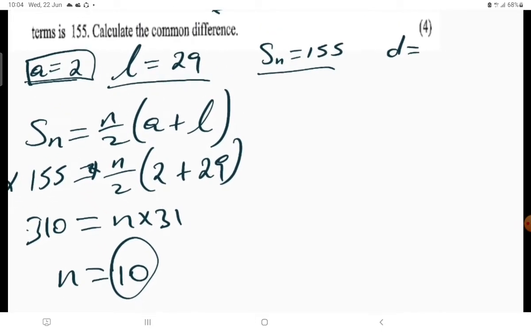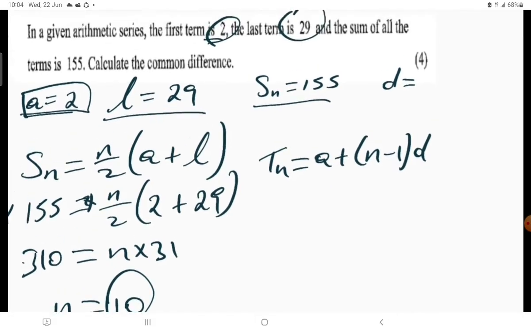So on that note, we are looking for the common difference. Let's take Tn, which is equal to a plus (n minus 1) times d, so that what we are using will have d in it, so that we solve that unknown.